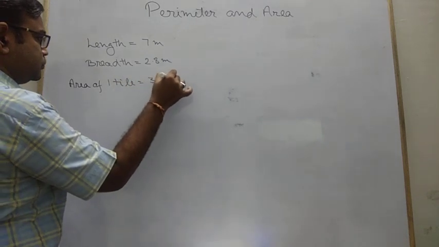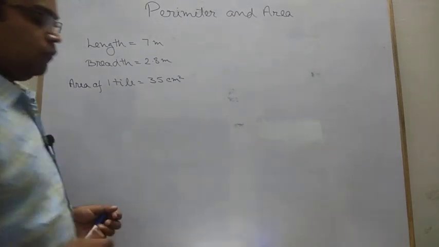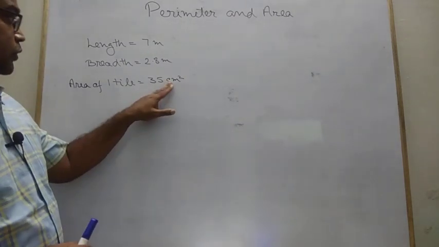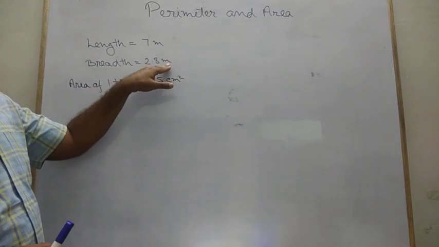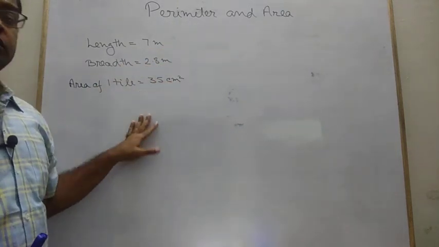Now we have to pay focus on the unit also. These two are in meter, but this one is in centimeter. So we'll try to convert all into the same unit.